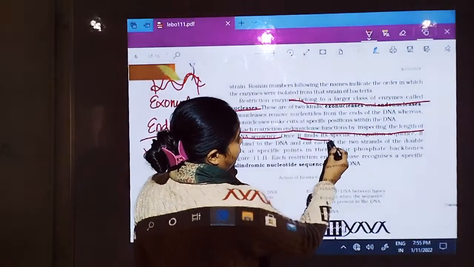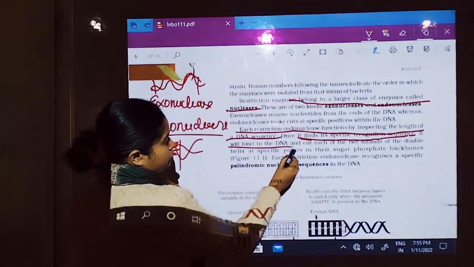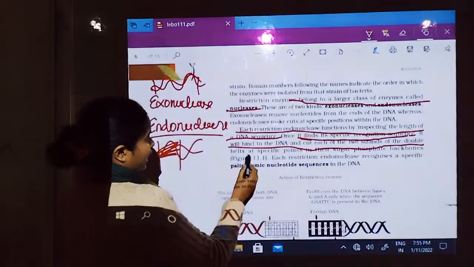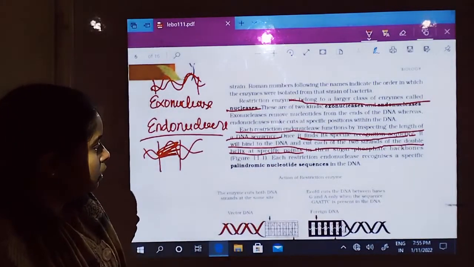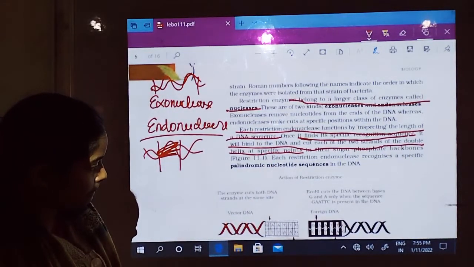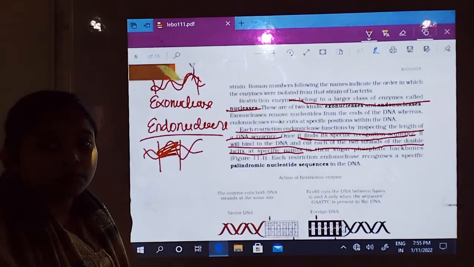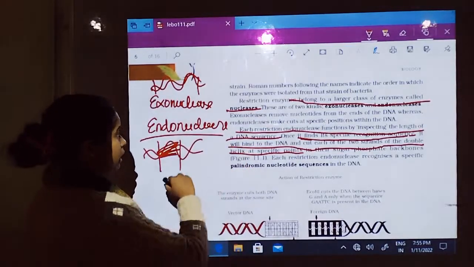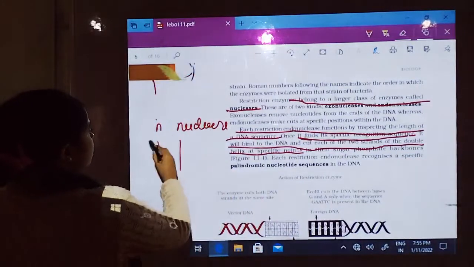Once it finds a specific recognition sequence, it will bind to the DNA and cut each of the two strands of the double helix at a specific point. So what do these two lines state?